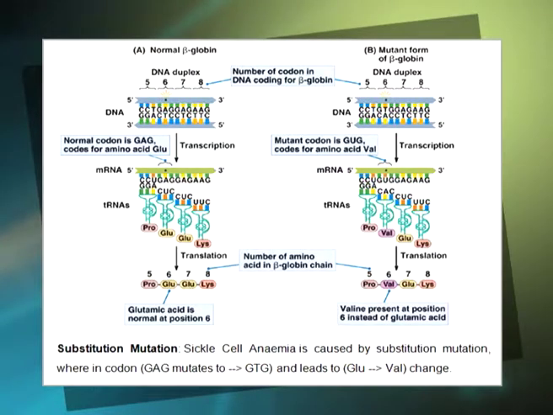In this particular figure, you can see an example of a substitution mutation. Sickle cell anemia is caused by a substitution mutation, wherein the codon GAG mutates to GTG and leads to the change from glutamic acid to valine.